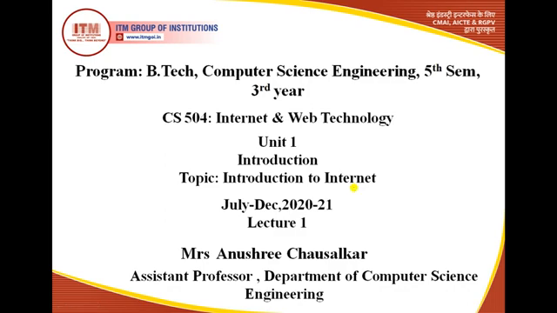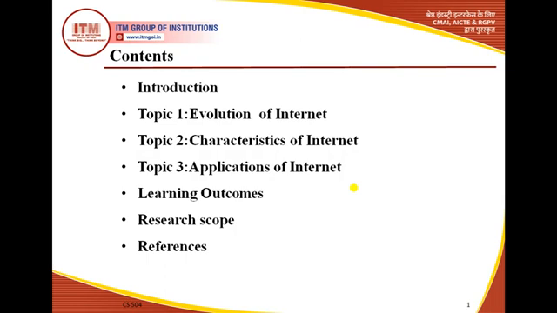That is unit number 1, introduction, and the topic is introduction to internet. Now in this we are going to study certain points which I have noted here. The contents covering the introductory part of the internet are: introduction, then the evolution of the internet, then the characteristics of the internet, then the applications of the internet.